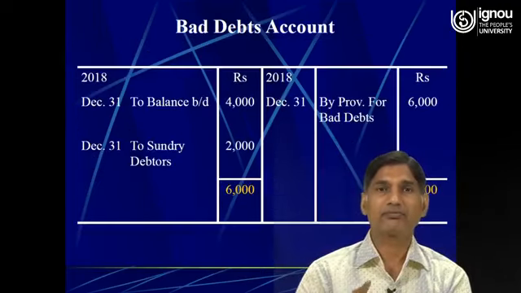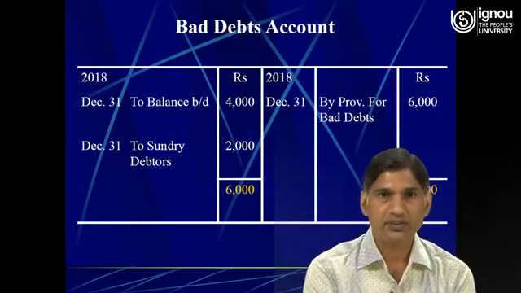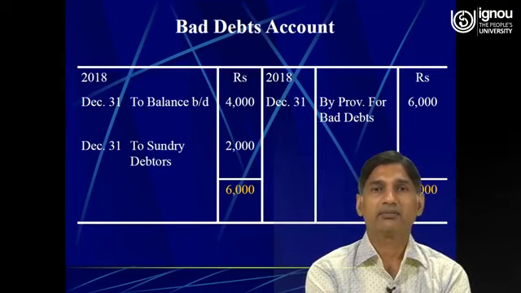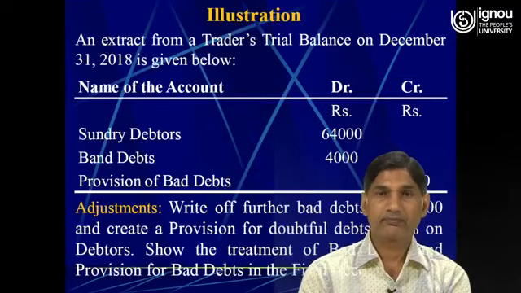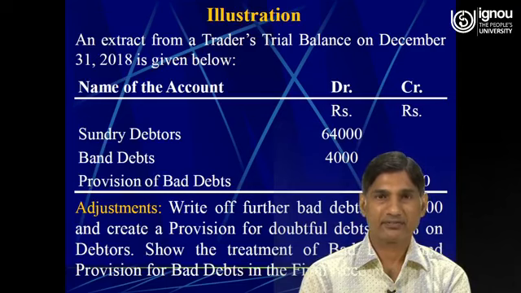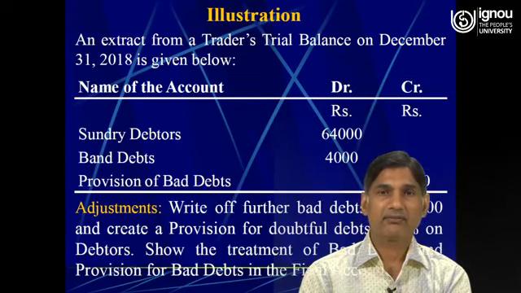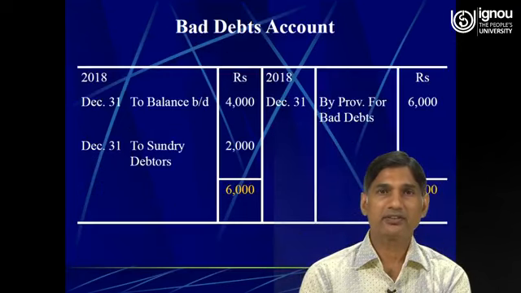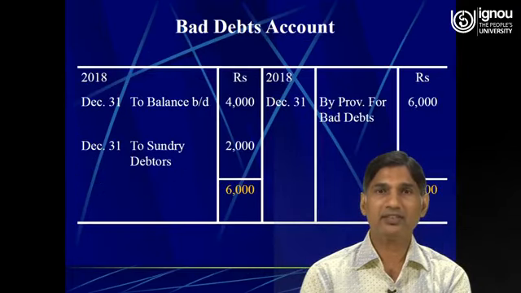See here, bad debts account. Bad debts 4,000 is given, and then 2,000 again bad debts is given, so 6,000. So total bad debts is 6,000.